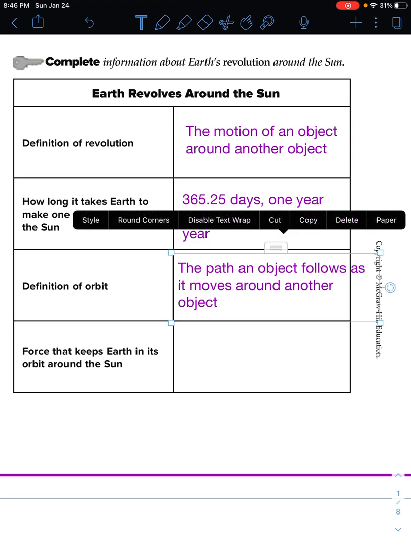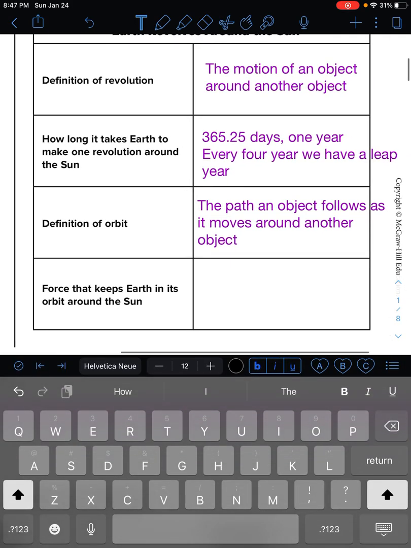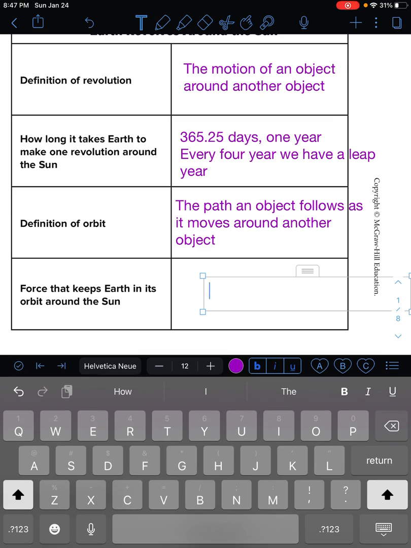So orbit is the path an object follows as it moves around another object. So we're really looking, in this case here, at our orbit around the sun, okay? So what are the forces that keep Earth in its orbit around the sun?